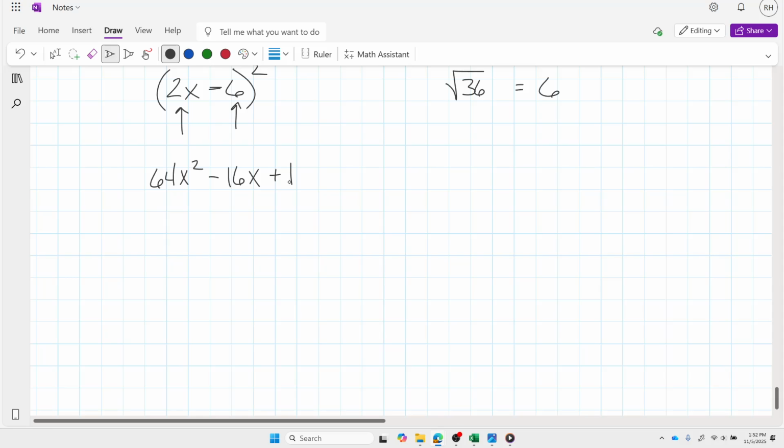Agreed? So what's the square root of 64x squared? 8x. The middle term's minus, so what's this? Minus. What's the square root of 1? 1. Close your parentheses and add the exponent.